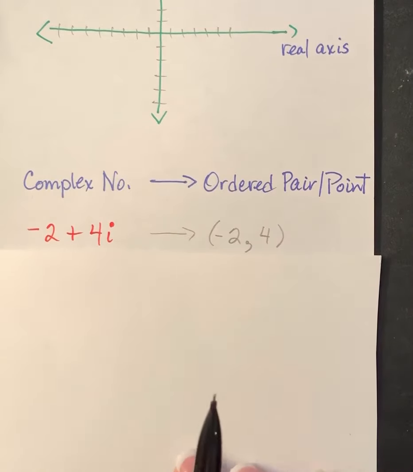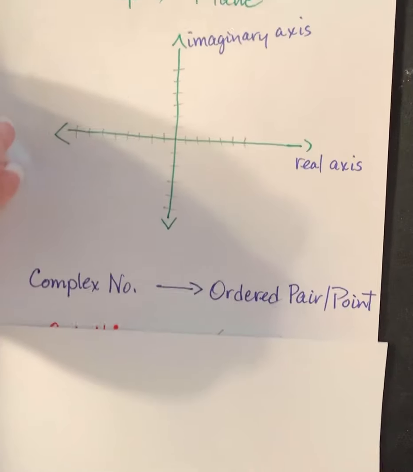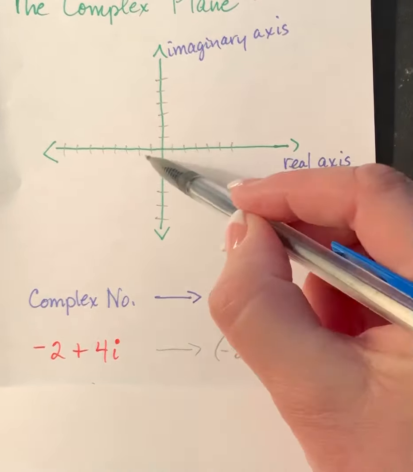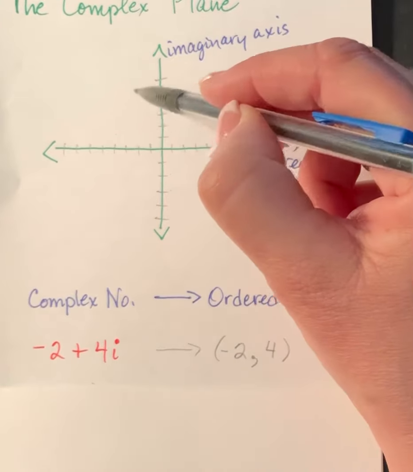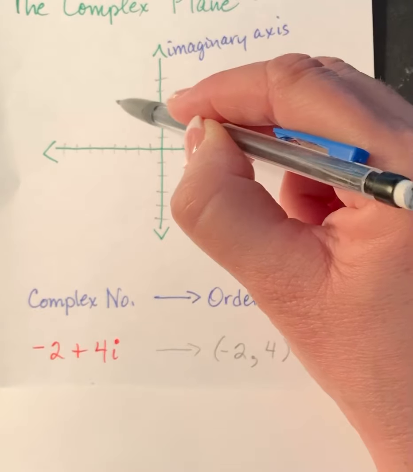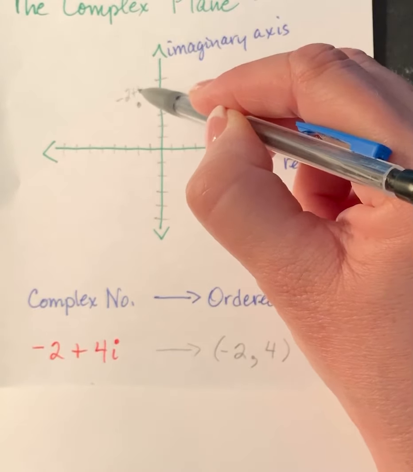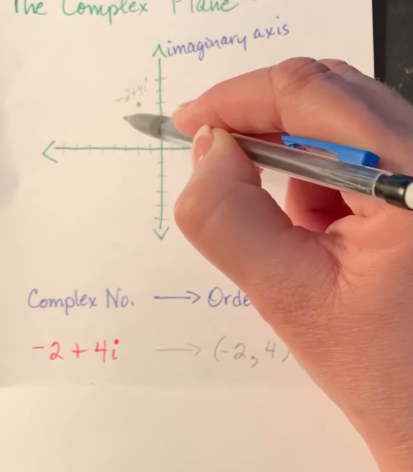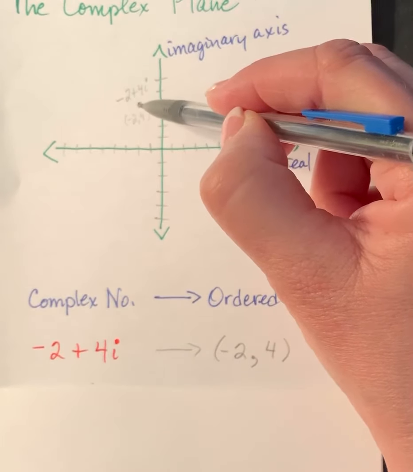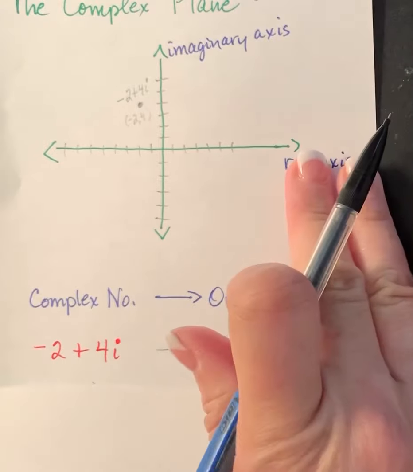And then if we graph that on our plane, just like normal graphing, you would go 2 to the left and then up 4. So this point represents -2 plus 4i. Then the ordered pair is (-2, 4), and is representing the number -2 plus 4i.